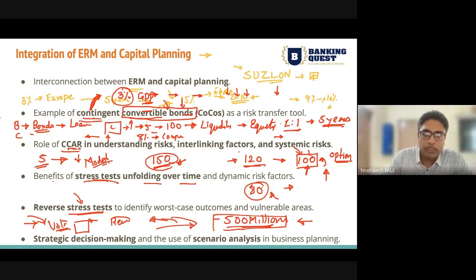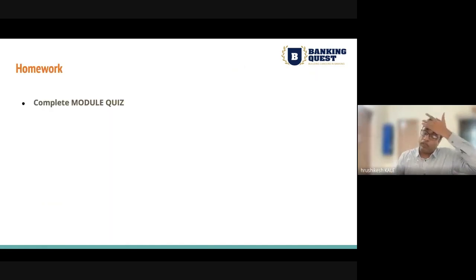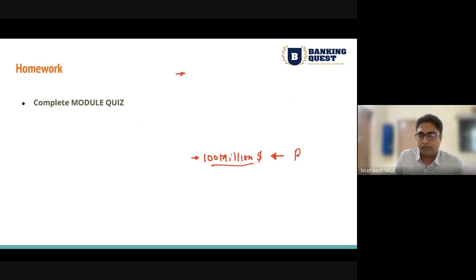No, no, let me tell you what the reverse stress testing part is. Basically, what happens is that you do VAR testing or stress testing, and you find out that my loss can go up to 100 million. And then this $100 million you keep aside as reserves. Now what you do, you take any arbitrary value, let's say 1 billion.